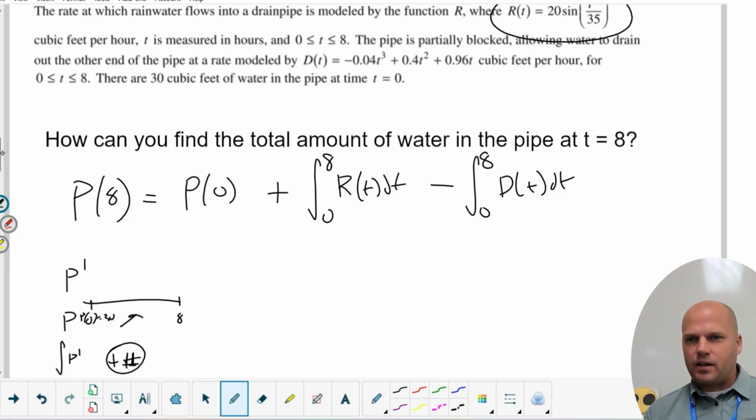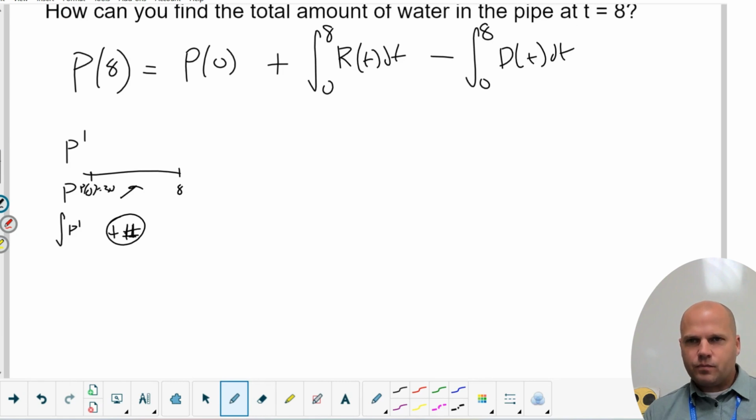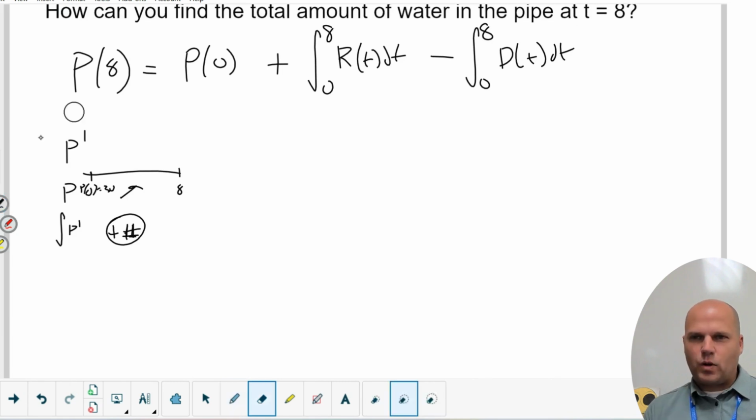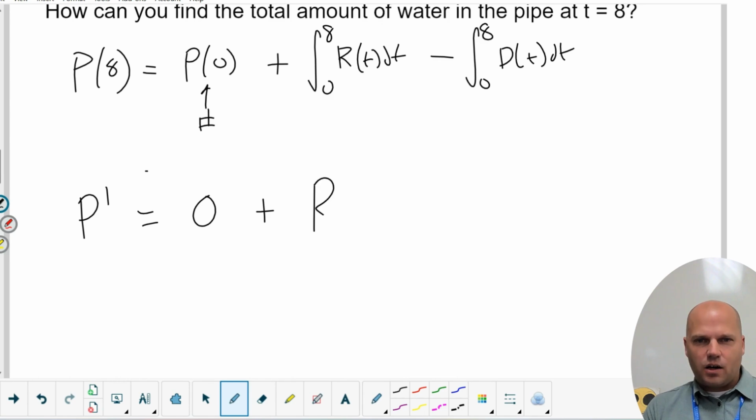Cool, and I can type this into my calculator, but I'm going to show you a different way to handle things. Watch what happens when I look at the derivative of my position. Well, this is just a number. The derivative is just 0. If I have the derivative of this integral, talking about the rates of change going into the position, I have R by itself and D by itself.